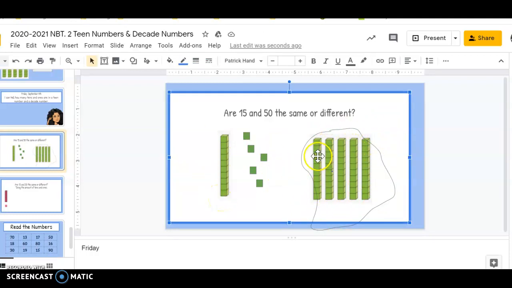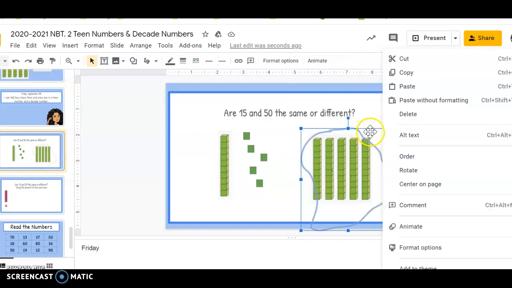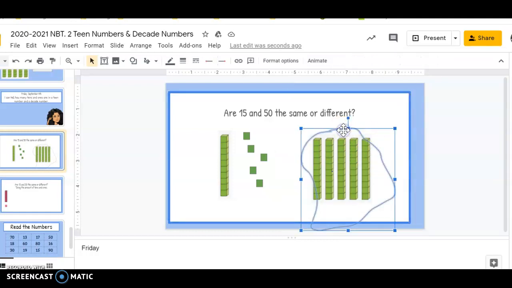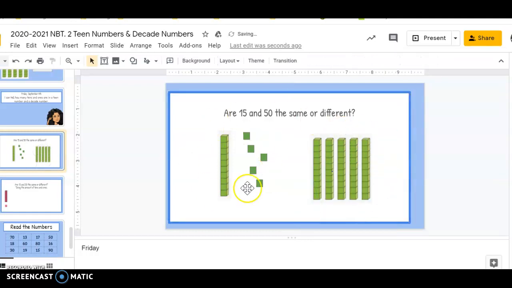No, let's count. 10, 20, 30, 40, 50. I know automatically that those are not the same. This is a teen number because I have one set of tens and 5 left over. And over here I have 5 groups of 10 making a decade number of 50.